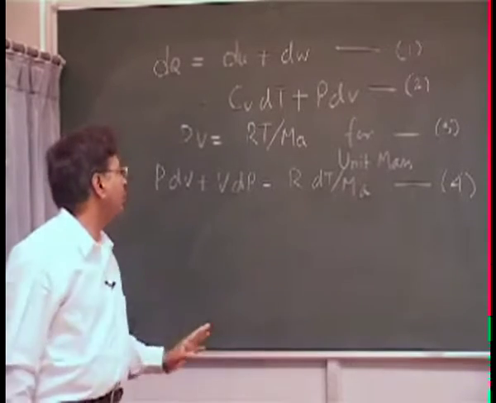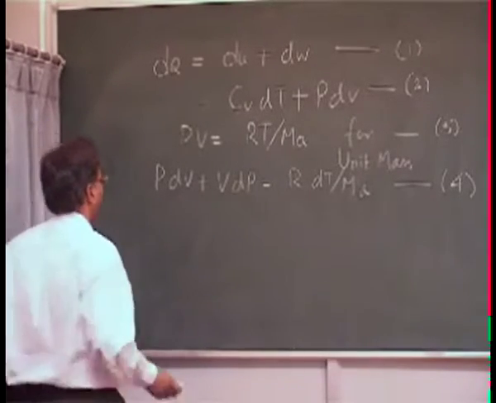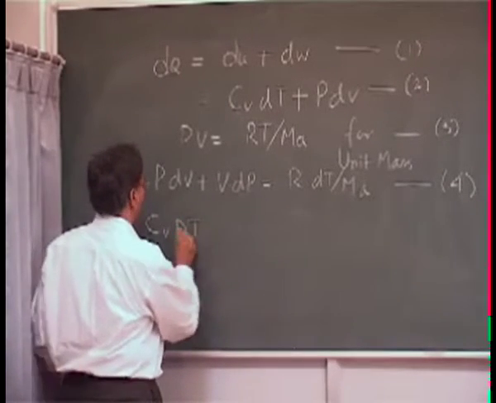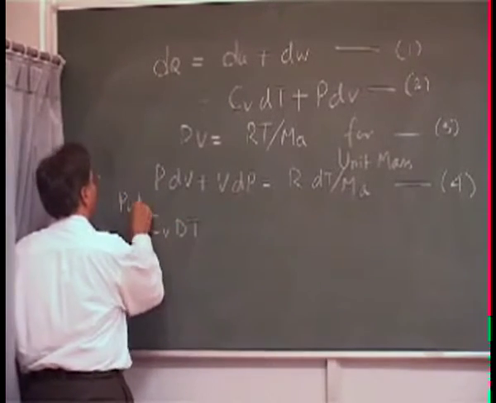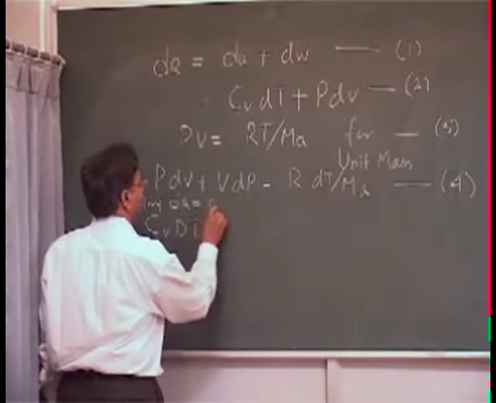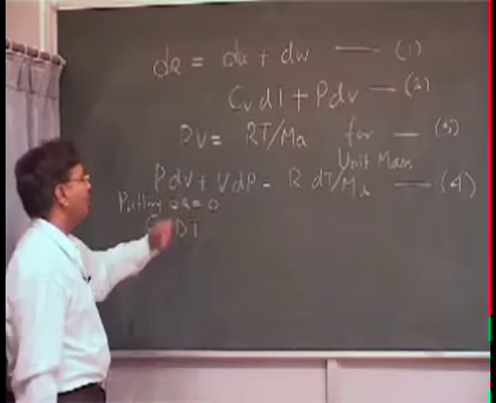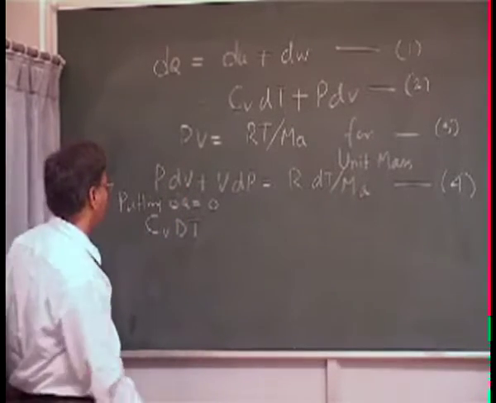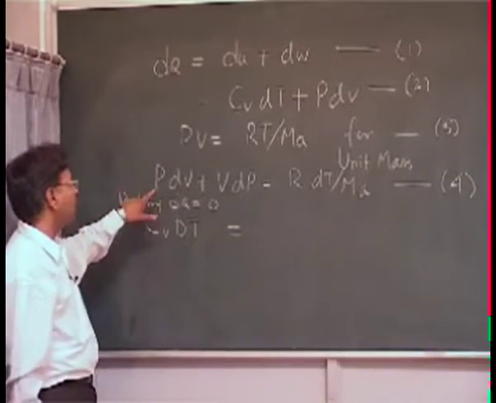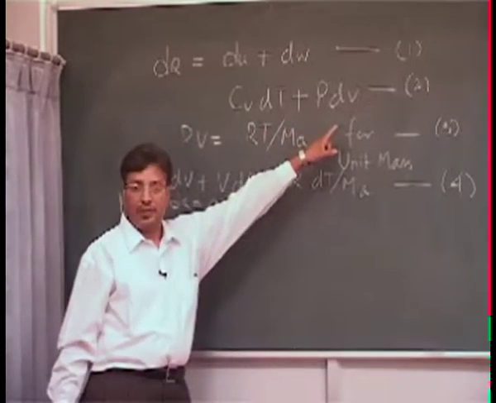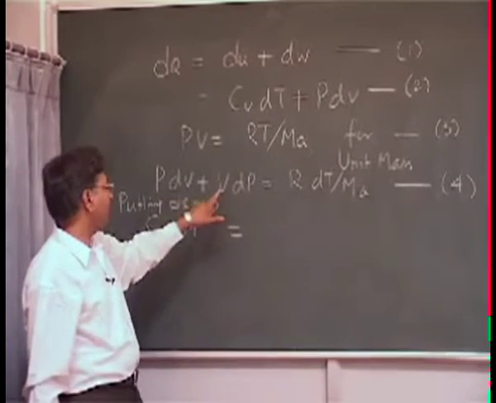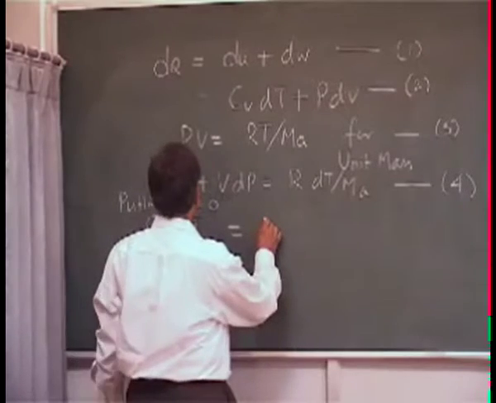So putting dQ equal to 0, Cv dT will be equal to minus P dV, and I can pick up minus P dV from here. That will be what?